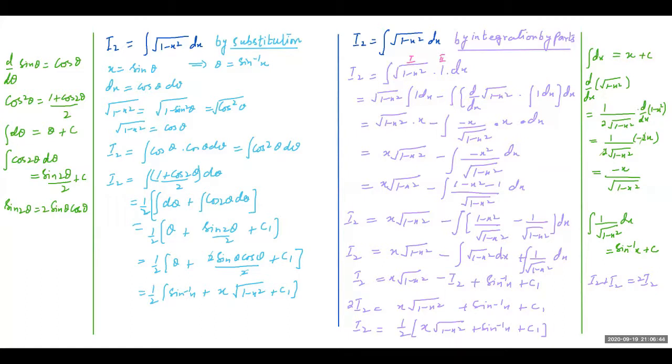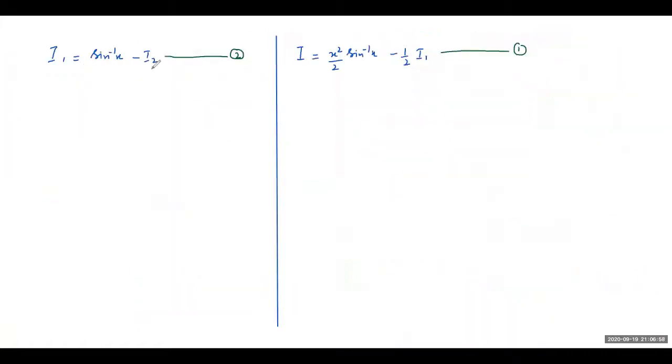And what is the next step? We have to put this result I2 in I1. Whether you do it by this method or by this method, you're going to get I2 equals this. And now put it in result number 2. This is result number 2, I have written it here. So I1 becomes, I'd better use the blue color because I'm back to my normal solution.